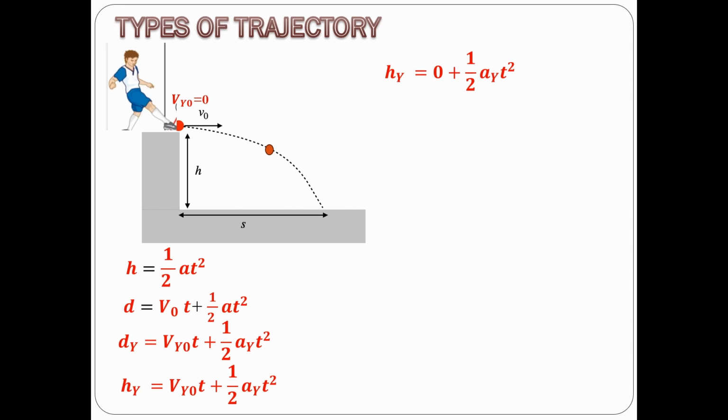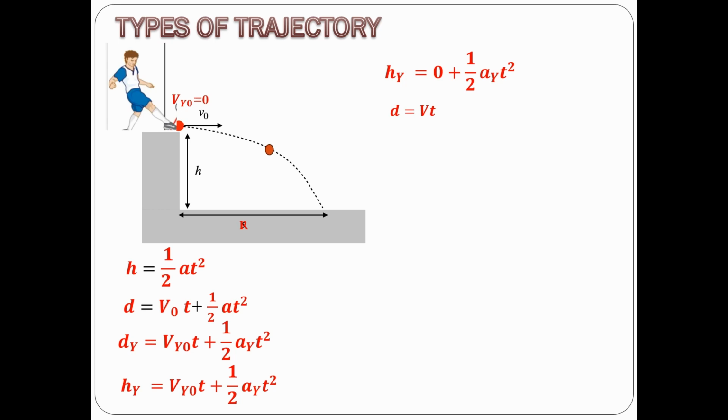Another equation that you need to know is the equation to solve for the range. The range is the distance between the initial position of the object and the point on the ground where it landed. We know that d is equal to v times t.